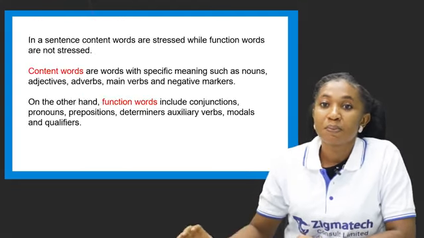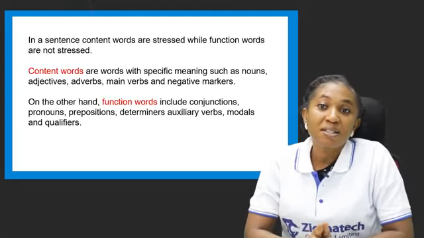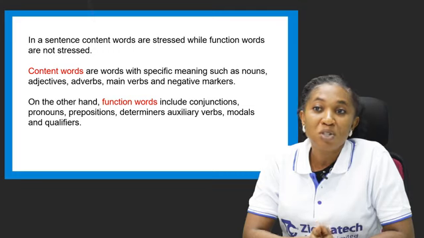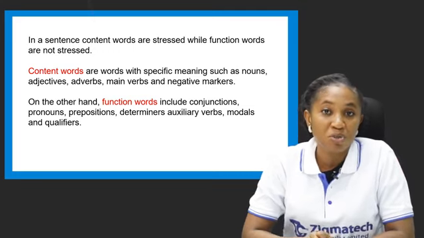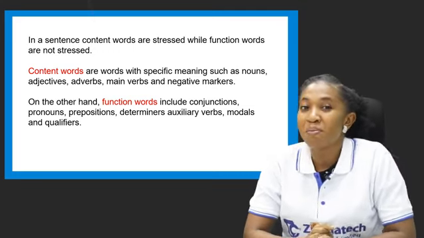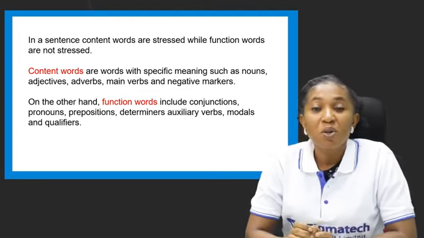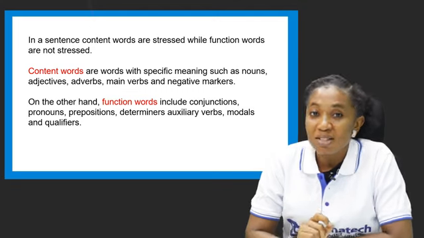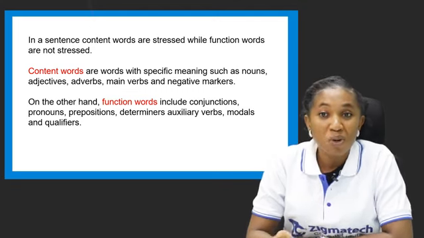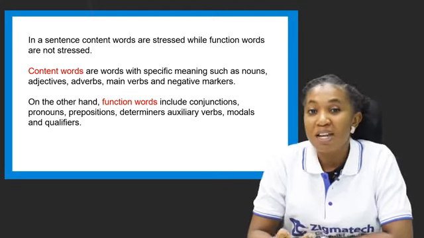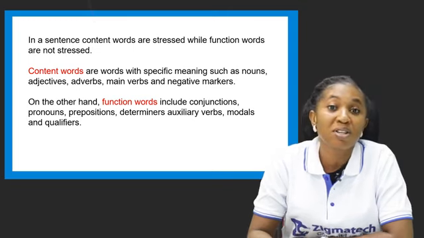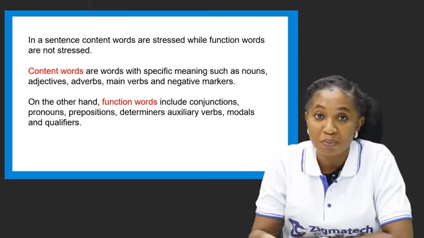Take notes. In a sentence, content words are stressed while function words are not stressed. Now, what do we mean by content words and function words? Take note that an understanding of these words will help us in identifying stressed and unstressed syllables in lines of poetry.